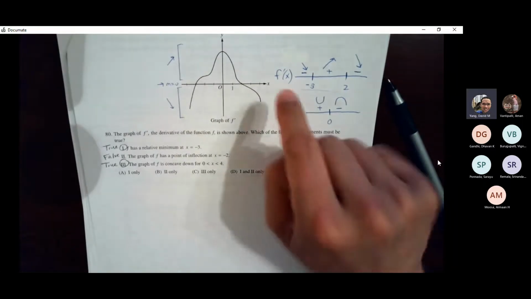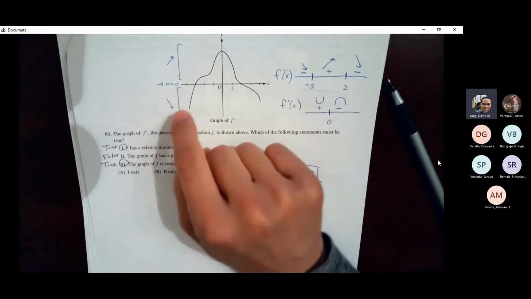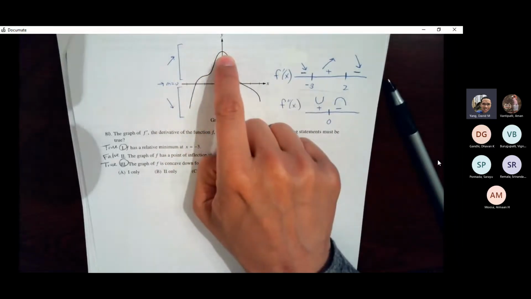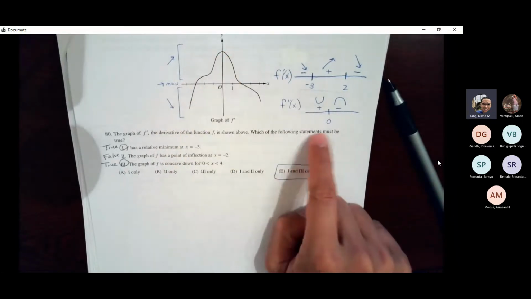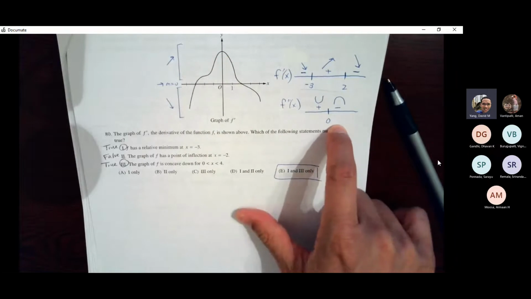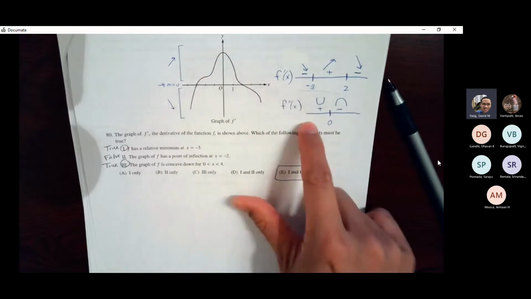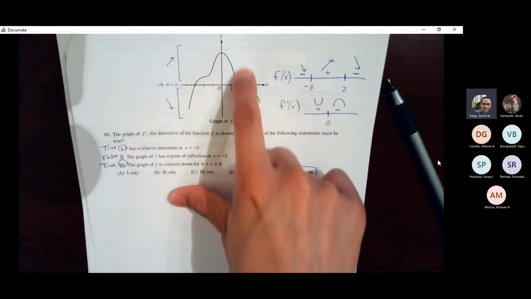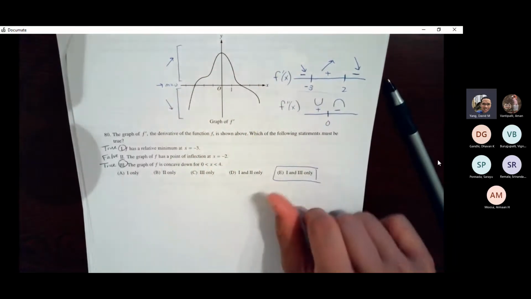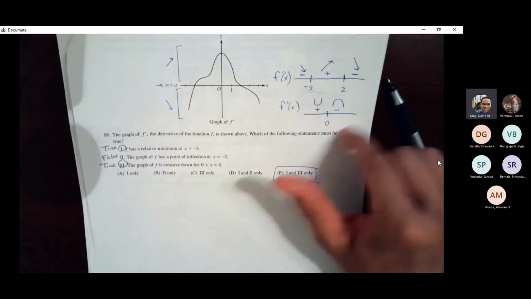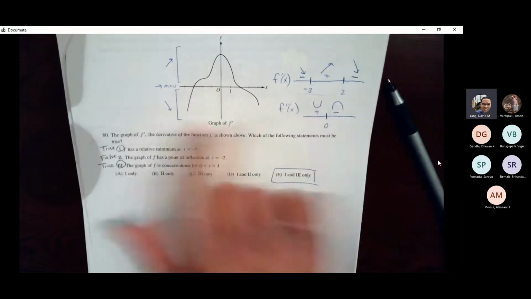We can also gather information about concavity of the original graph. The peaks and valleys of our derivative graph are where the points of inflection are going to exist. So we know there's a point of inflection at 0, and wherever there's a positive slope on the f prime graph, that translates to concave up. Negative slope translates to concave down. Based off of this, let's see what conclusions we can make.